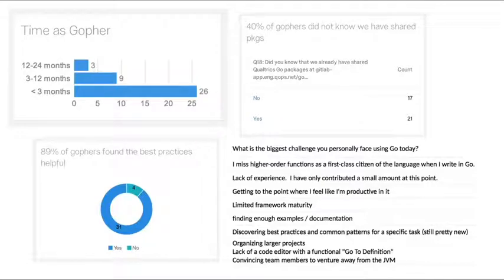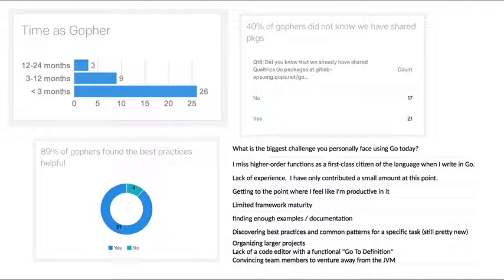So here are some of the results from that survey, which was really critical for us to collect data about what people were interested in learning about in Go, where they were on their teams, and whether they had the resources that they needed. And from there, we drove the decisions that we made in that Golang ecosystem group.